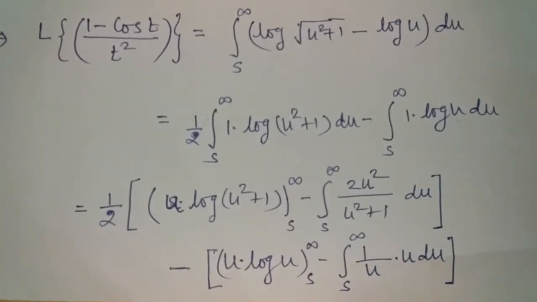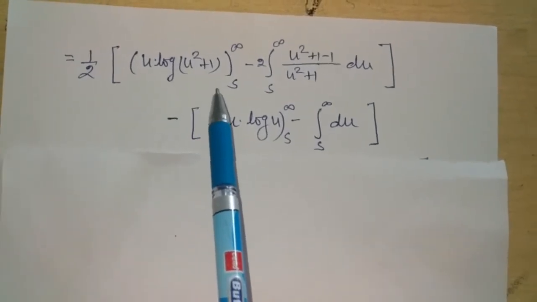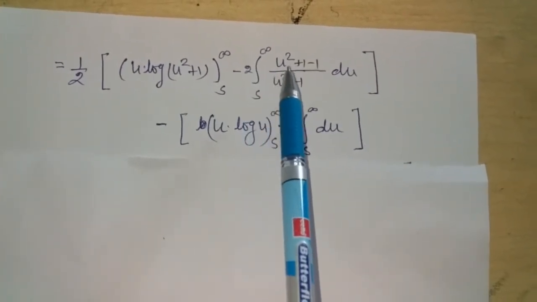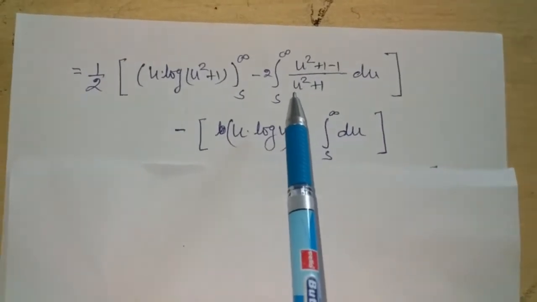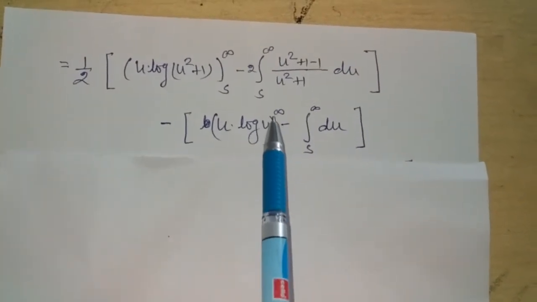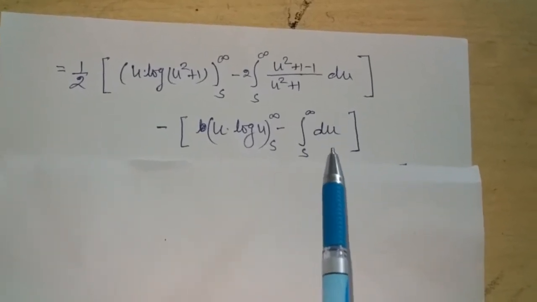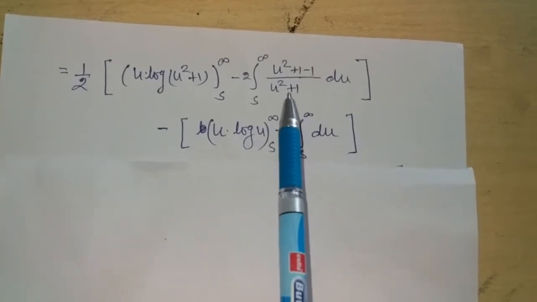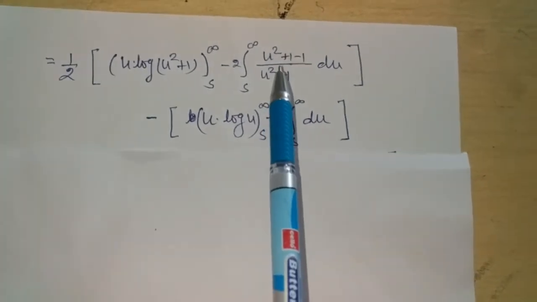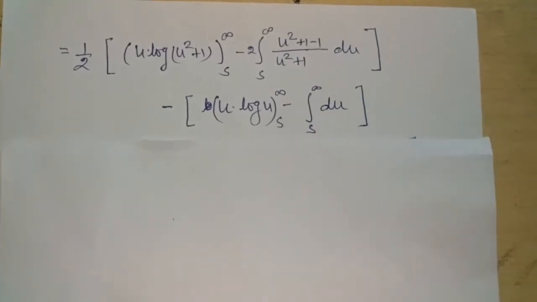So our next step becomes 1 by 2 u log of u square plus 1 from s to infinity as it is, minus 2 into the integral from s to infinity of (u square plus 1 minus 1) upon u square plus 1 du, minus u log u from s to infinity, minus the integral from s to infinity, u and u cancel, so we have du only. Now in this integral we separate the LCM, so u square plus 1 upon u square plus 1 cancels, so we get 1 minus 1 upon u square plus 1 du.